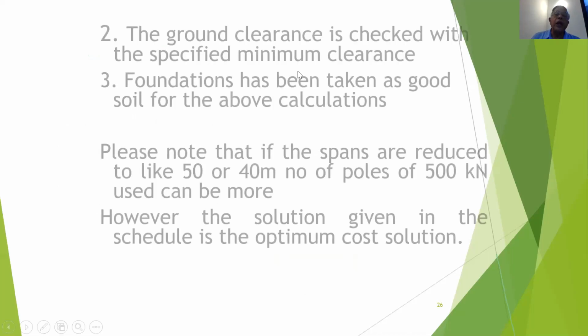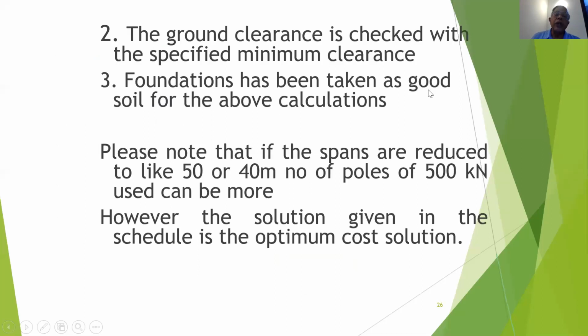You have to maintain the ground clearance that is specified. Foundation has to be taken as good soil when you are calculating. If it's not good soil, then sometimes you have to do soil testing for foundation designs.